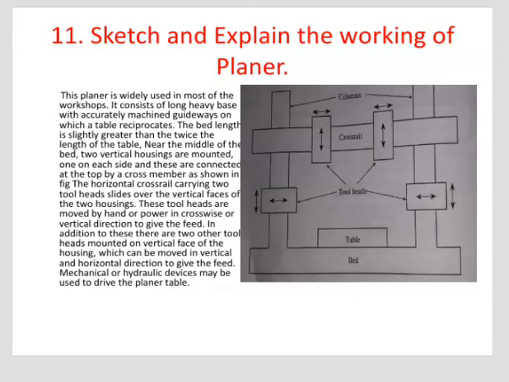Near the middle of the bed, two vertical housings are mounted, one on each side, and these are connected at the top by a cross member as shown in the figure. The horizontal cross rail carrying two tool heads slides over the vertical faces of the two housings.